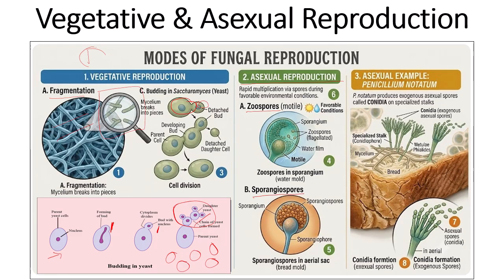And the third, a very common method: when the conditions are favorable, fungi reproduce by formation of sexual spores. In this case there is a fusion of compatible gametes, and then a formation of spores, and these spores regenerate the new colony.